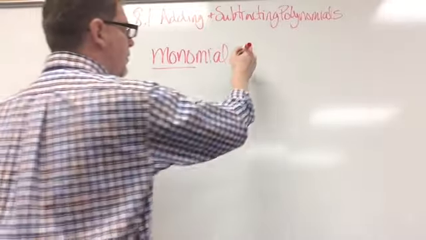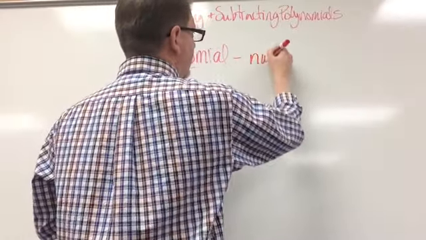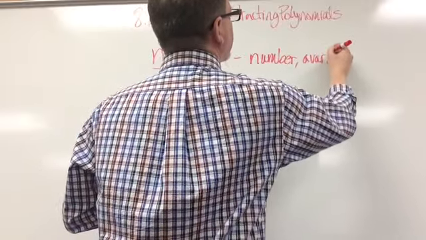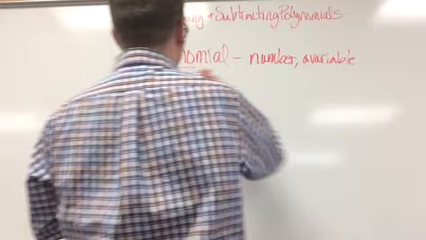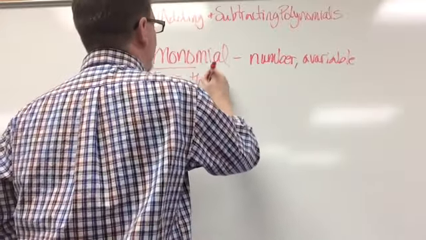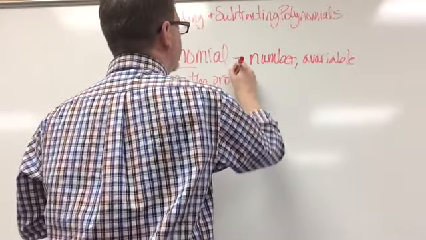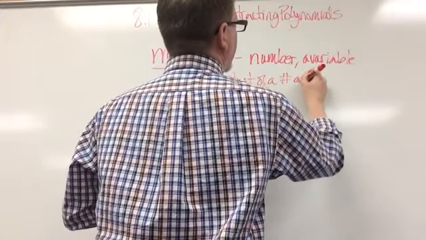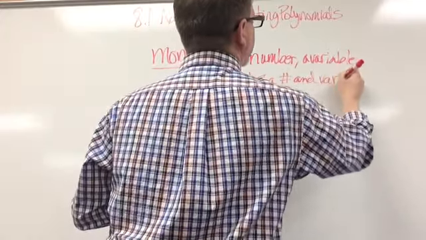Okay? A monomial is a number, a variable, or the product of a number and variable.